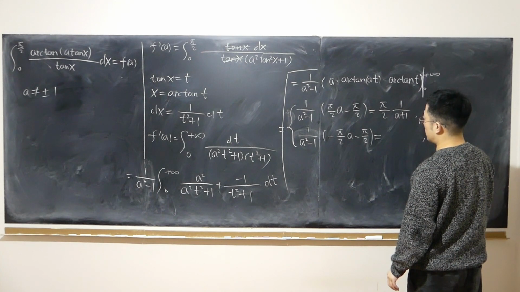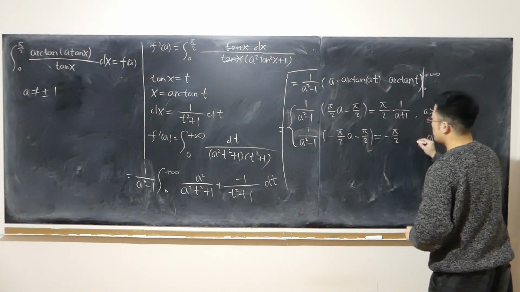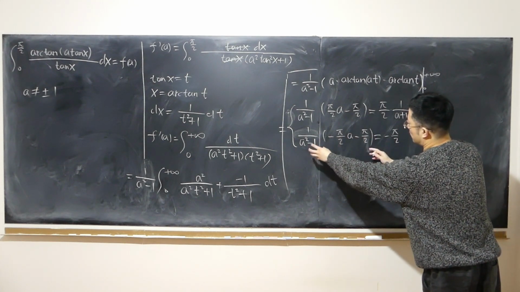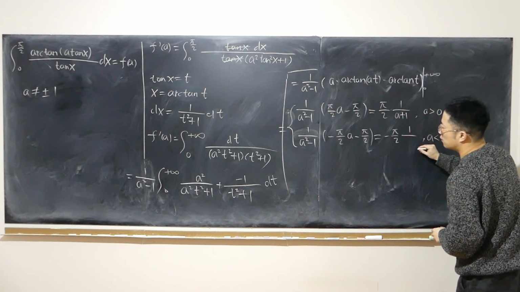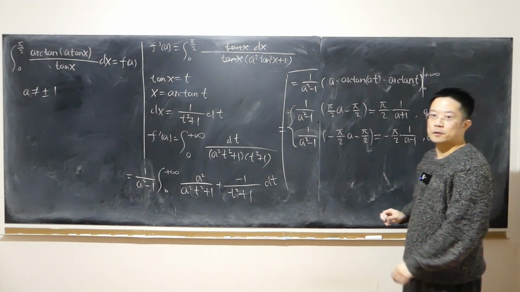So take out the negative half pi. I have a plus 1 and a minus 1 times a plus 1. So it's negative half pi over a minus 1 this time, when a is negative, of course.